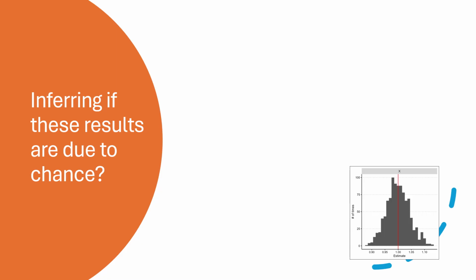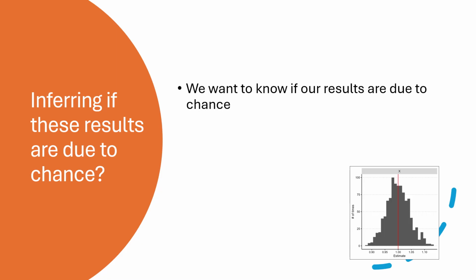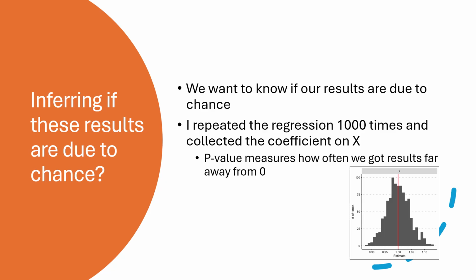Now, we want to use the idea of how noisy or certain we are about these estimates to see if our results are due to chance or due to a systematic difference that's actually reflecting reality. To check for that, I repeated the regression I showed you 1,000 times and collected the coefficient on x, and then I graphed a histogram of the distribution of those coefficients, which is the figure you can see here.